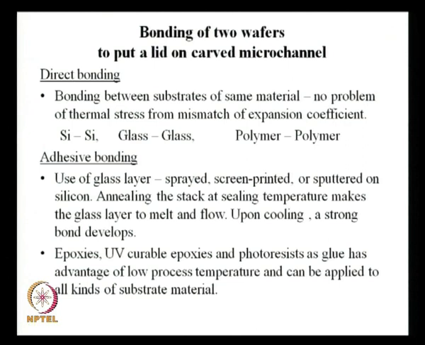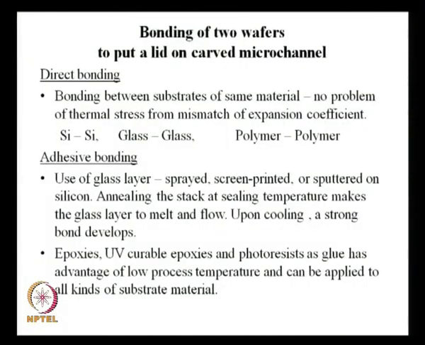Epoxies are common material that we use to put fixtures, like kids use to make those work education type drawings and structures. So epoxies, UV curable epoxies and photoresists as glue have the advantage of low process temperature and can be applied to all kinds of substrate material.